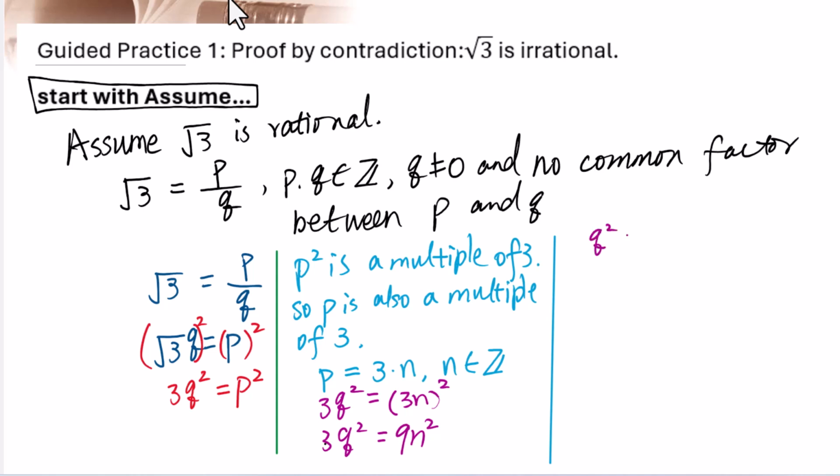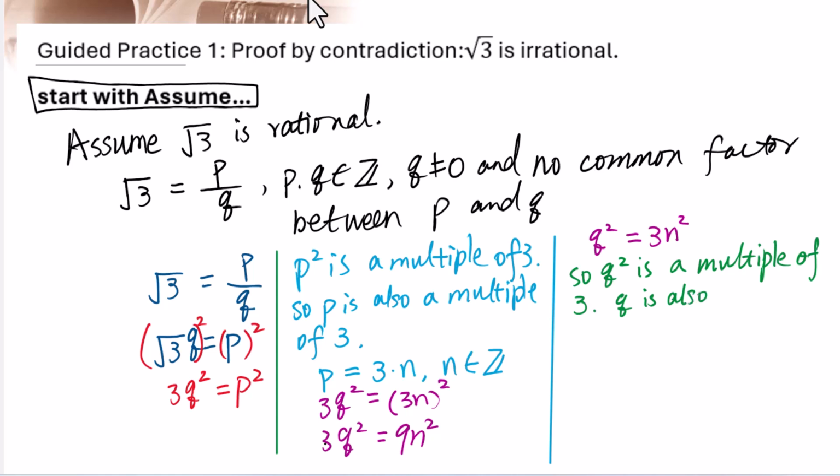Q squared equals 3n squared. So Q squared is a multiple of 3, which means Q is also a multiple of 3. Q is a multiple of 3, which means 3 is a factor of Q.